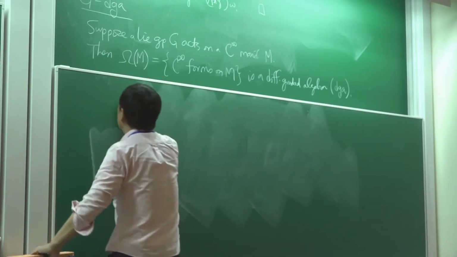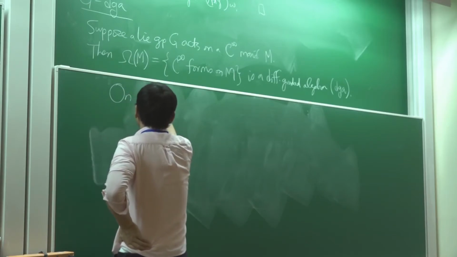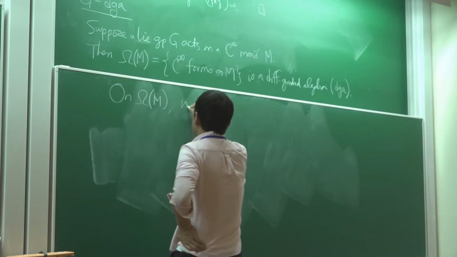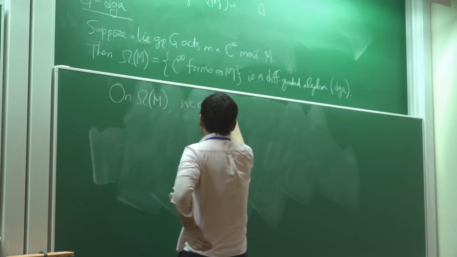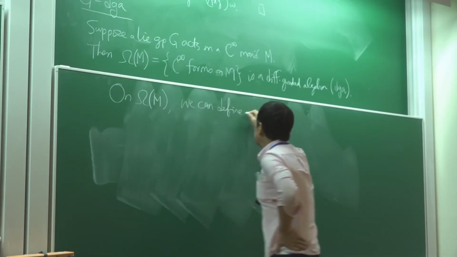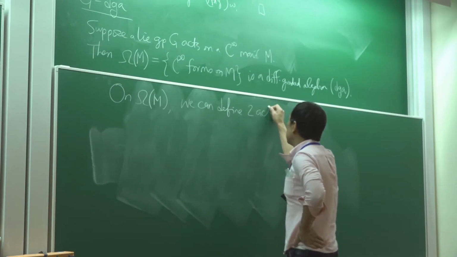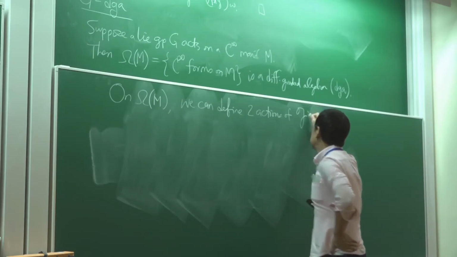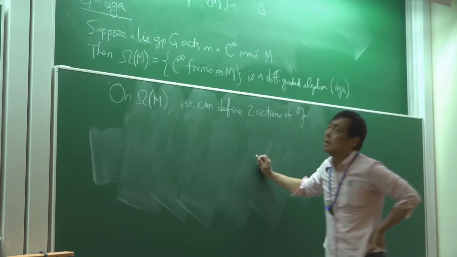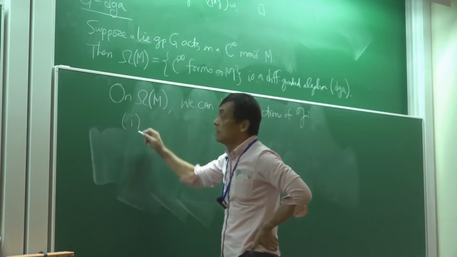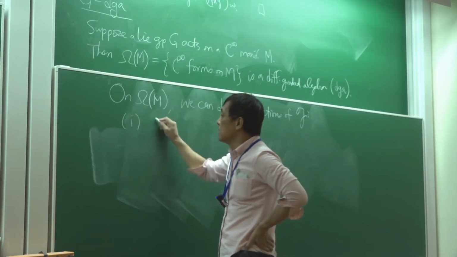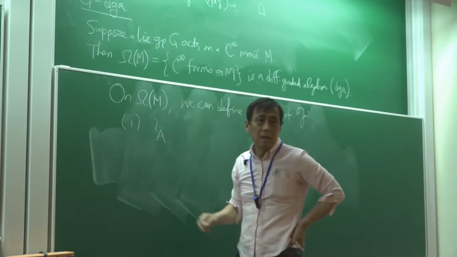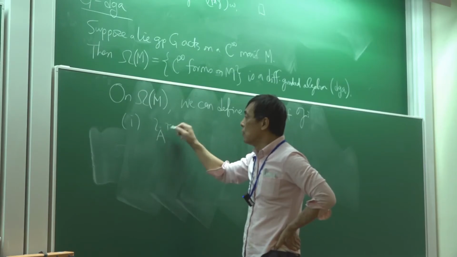So on this differential graded algebra, we can define two actions of the Lie algebra. We can define interior multiplication I_A of tau.